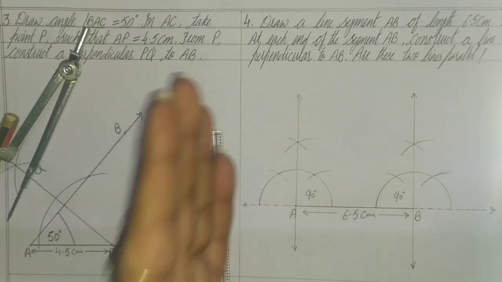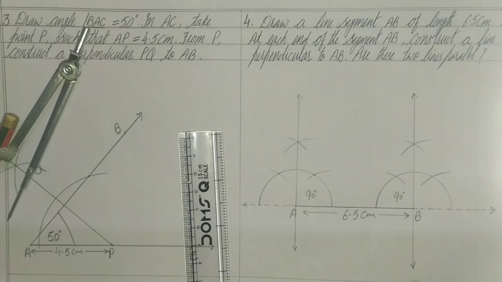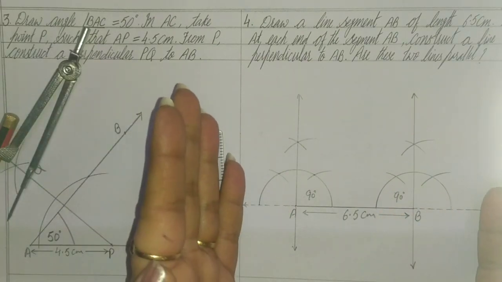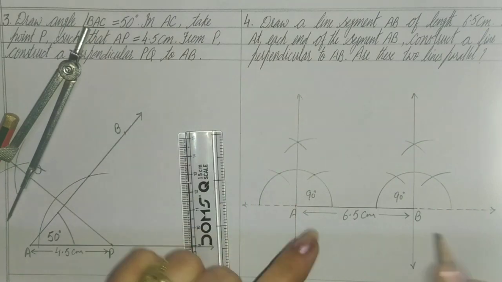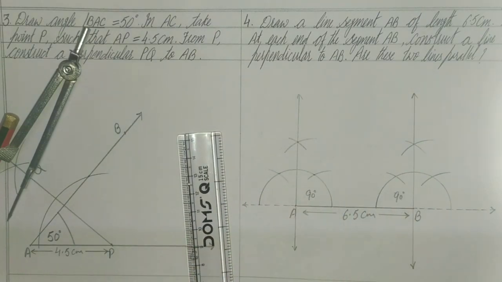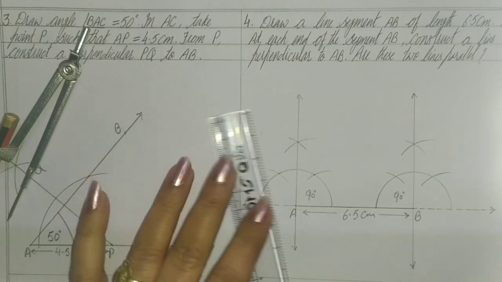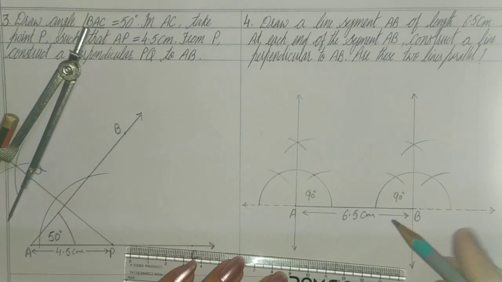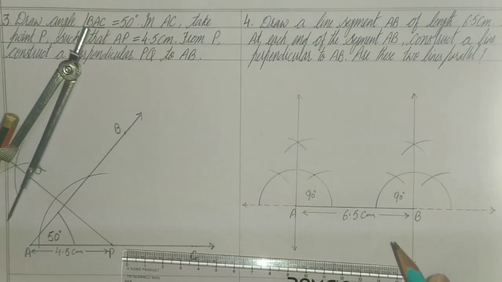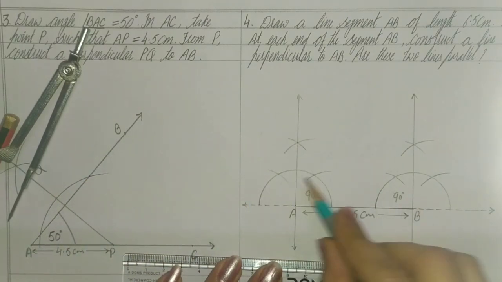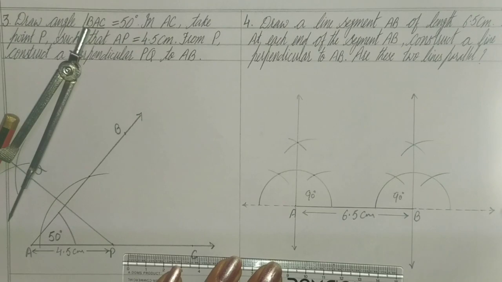So these two lines are parallel since the sum of co-interior angles, meaning the two angles in between the two lines, is equal to 180 degrees. Such angles are called co-interior angles, and when the co-interior angles are supplementary, meaning the sum is 180 degrees, that means the two lines are parallel.